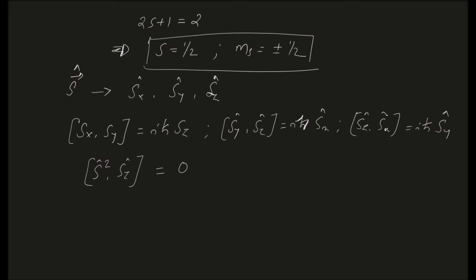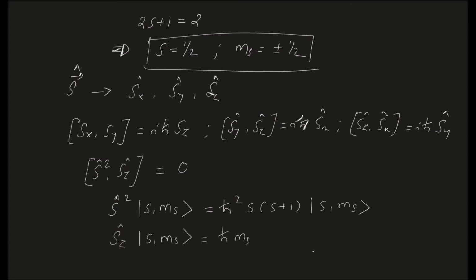So we can write the eigenvalue equation for S squared and S_z, taking this common eigenstate as |s, m_s>. S squared |s, m_s> is equal to h-cross squared times s into s plus 1 times |s, m_s>, and for S_z it is given by h-cross m_s |s, m_s>.